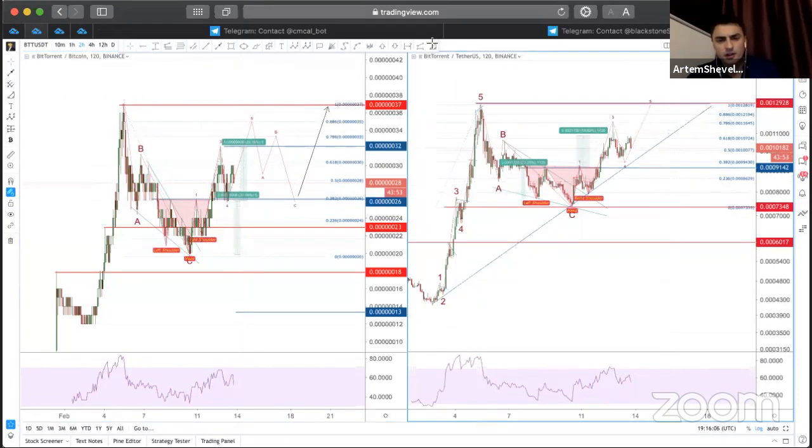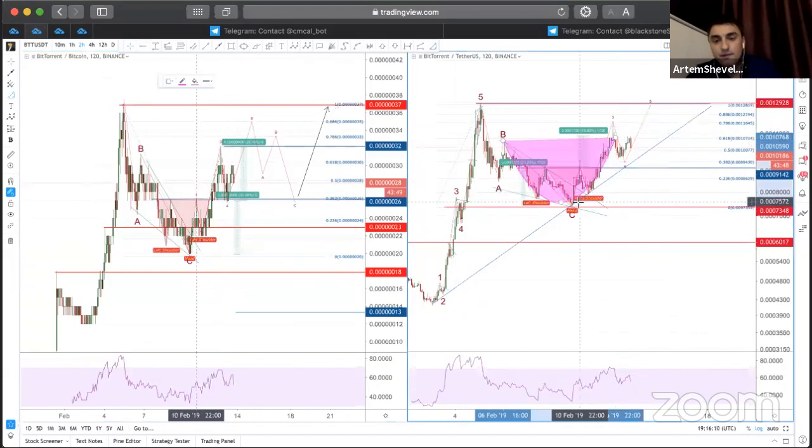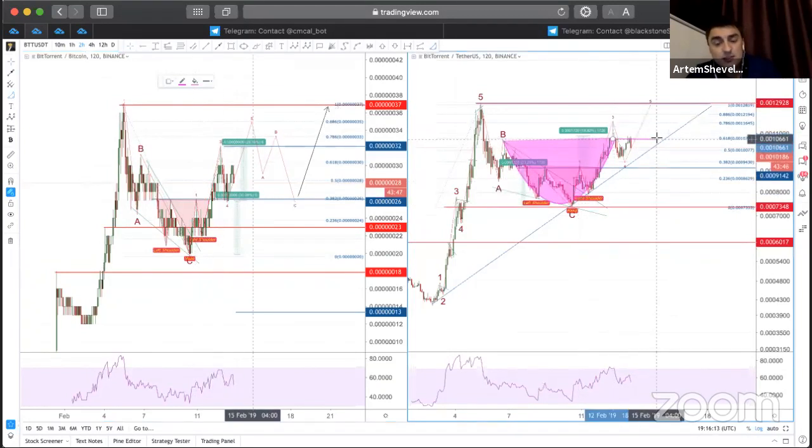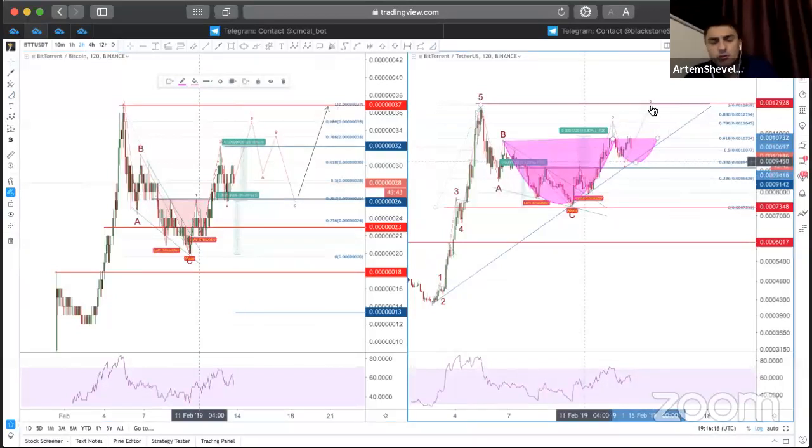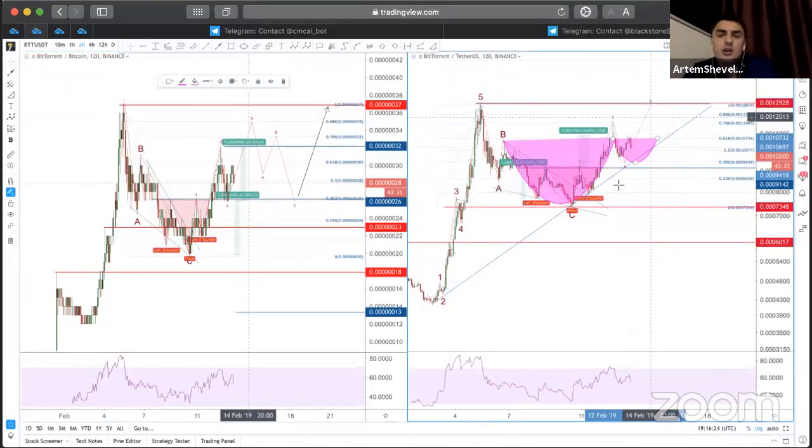On this USD chart, you can probably find something similar to a cup and handle as well. And yes, it's probably going up, because Elliott Wave analysis is telling us that it's probably going up. Probably, not 100%, just probably.